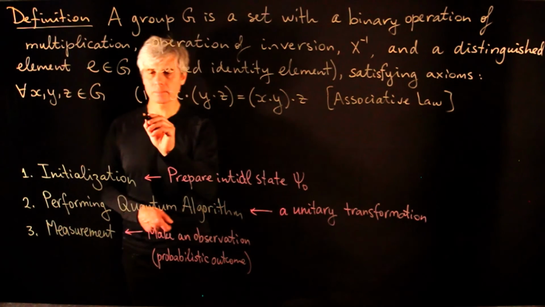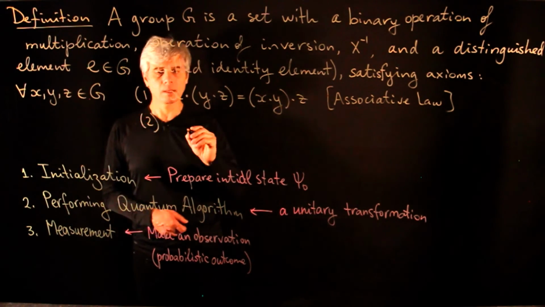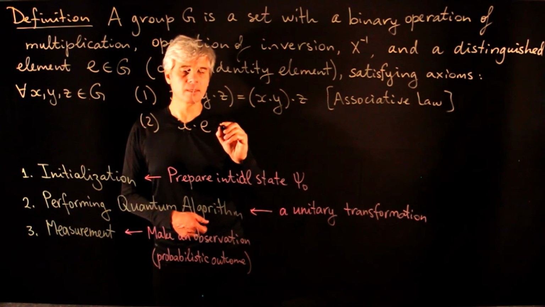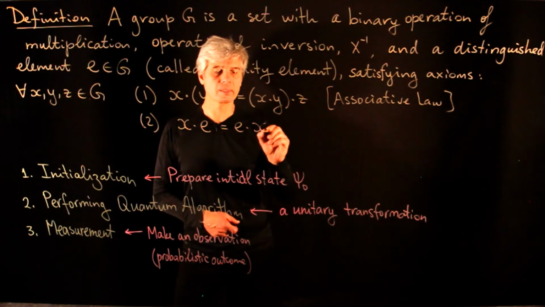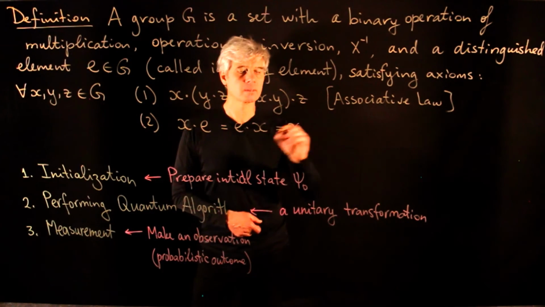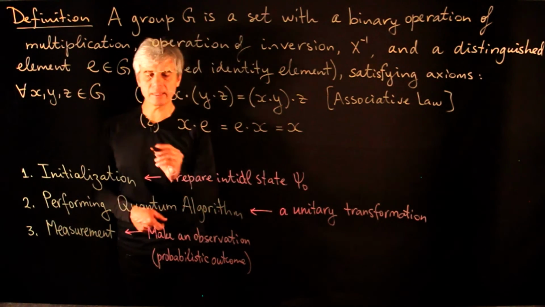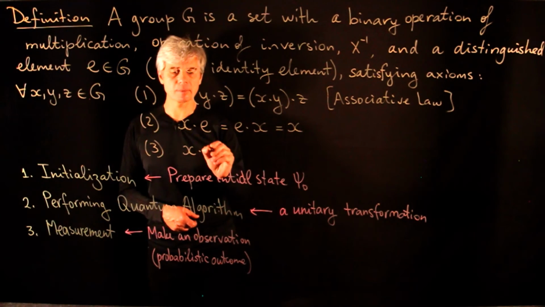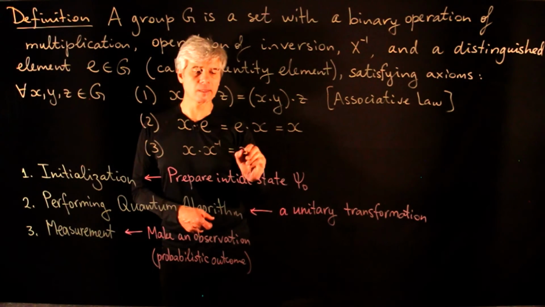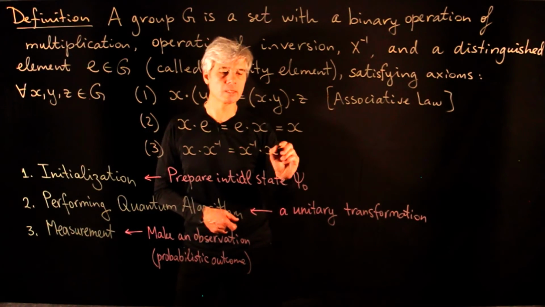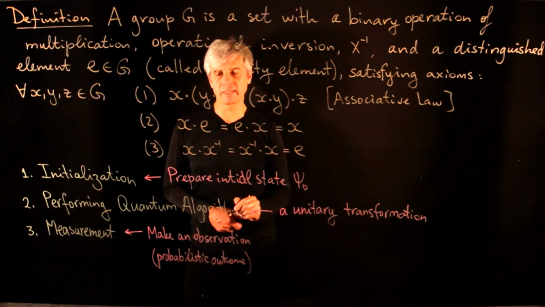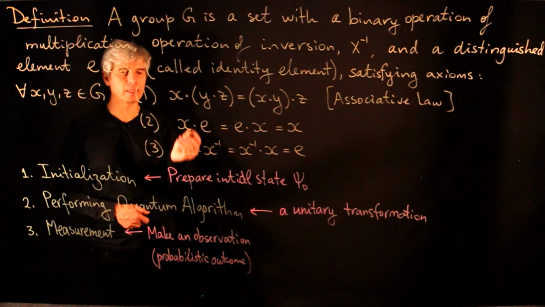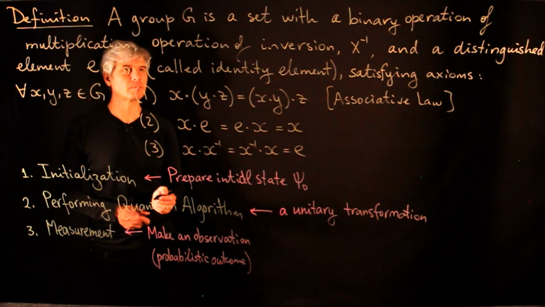Then 2, x times identity and identity times x is equal to x. So this is the axiom of identity. And 3, x times x inverse and x inverse times x are both equal to identity. So here we have a definition of a group.